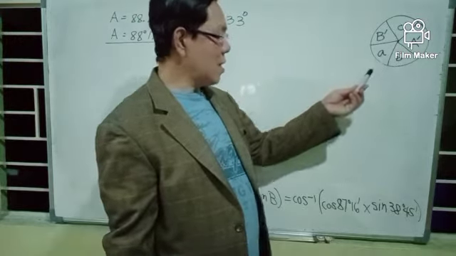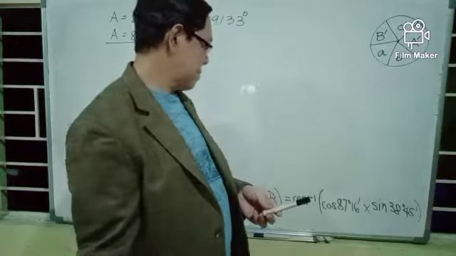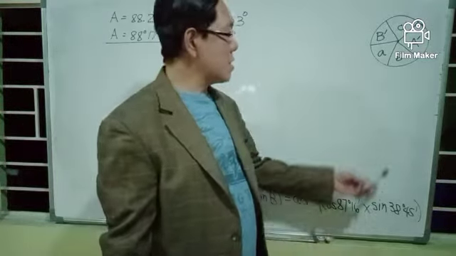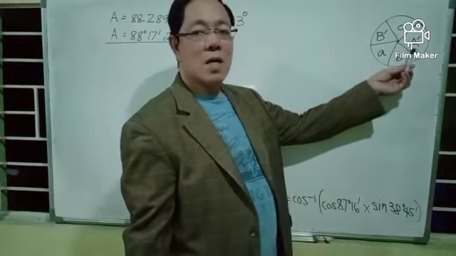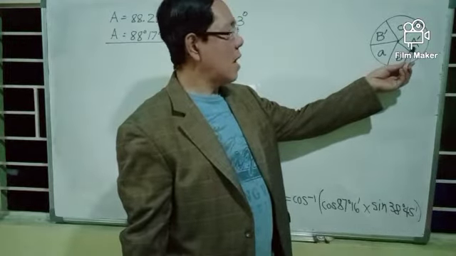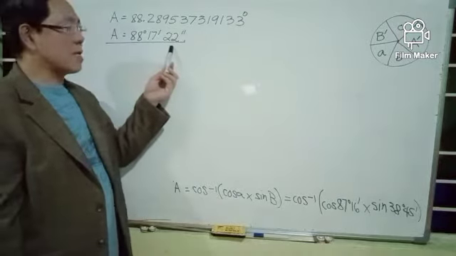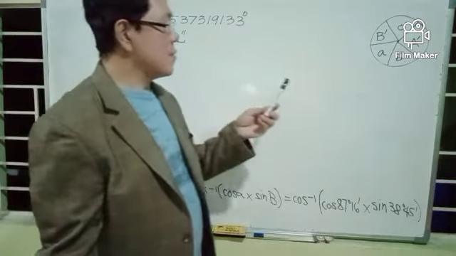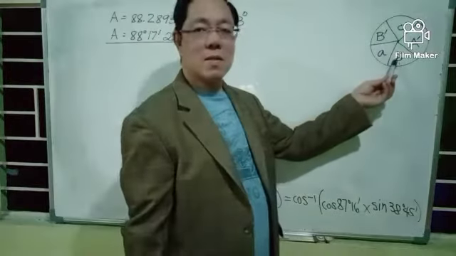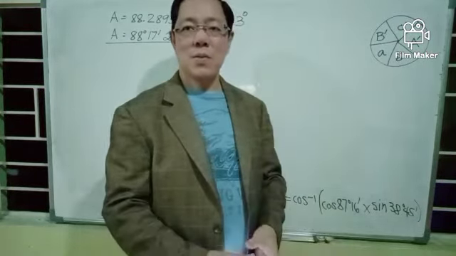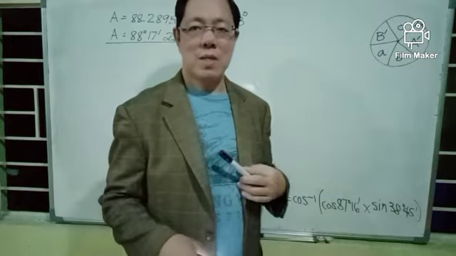Since small a is given and it is equal to 87 degrees 16 minutes, and we have found the angle capital A, 88 degrees 17 minutes and 22 seconds, we can now find this side small b by Napier's rule number 1.